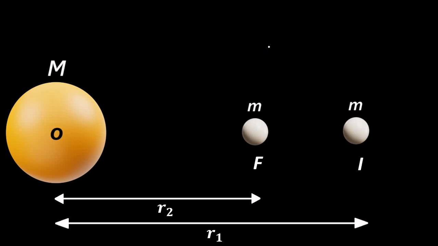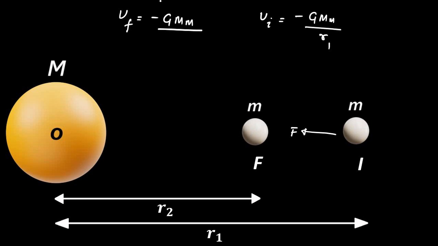So the gravitational potential energy associated with this initial position is equal to minus G capital M small m by r1. Then it moved to point F, the final point, under gravitational force. At the final point, the gravitational potential energy is minus G capital M small m by r2. At point F, the separation distance is r2 between mass capital M and small m. Initially it was r1, then it got reduced to r2.